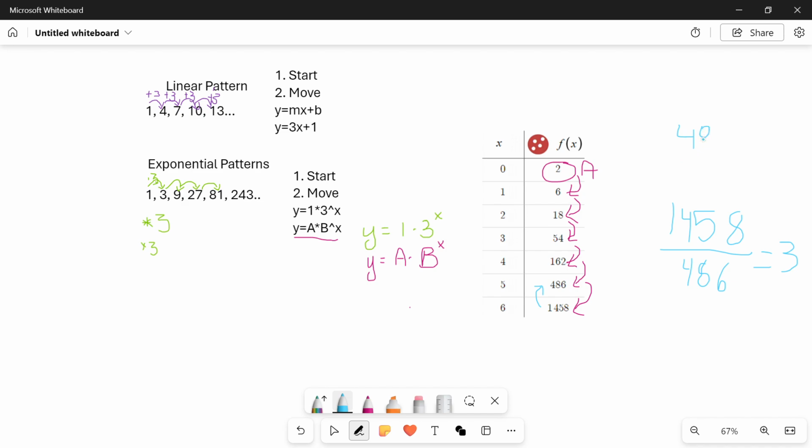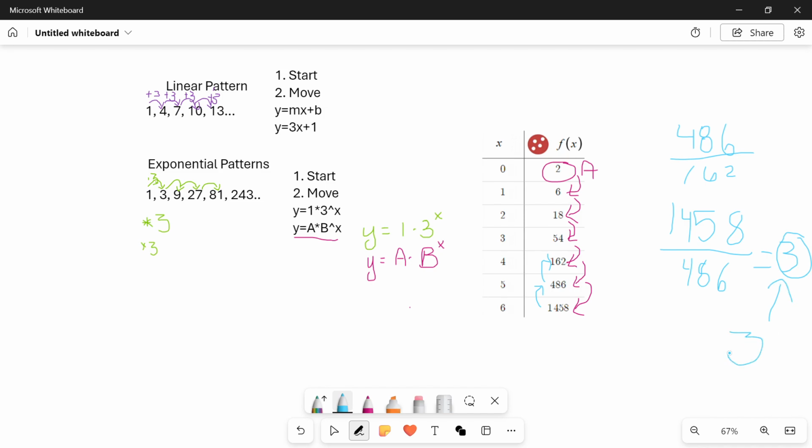486, the next number in this table, over 162, and you know how to test for equivalence now. You can put this in the calculator. This equal to this. And you can keep going all the way up. And if all of these fractions have that same ratio, the same missing factor, then you would say, hey, then b must be equal to 3, right?